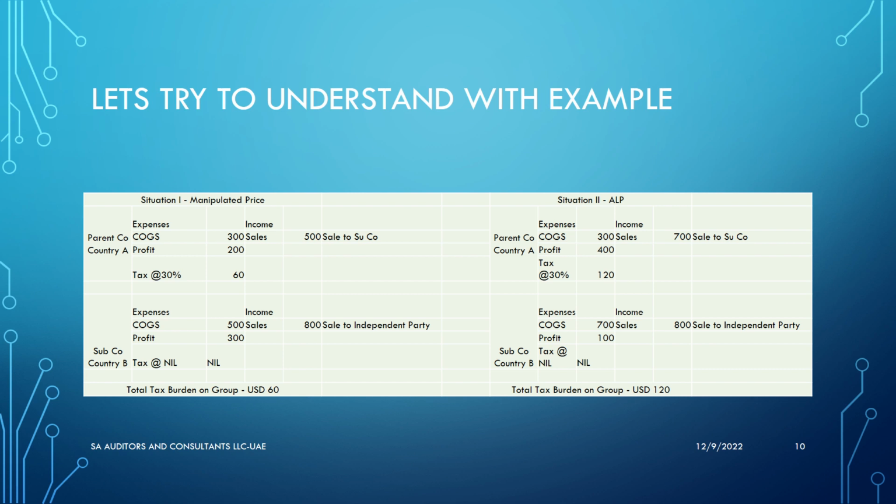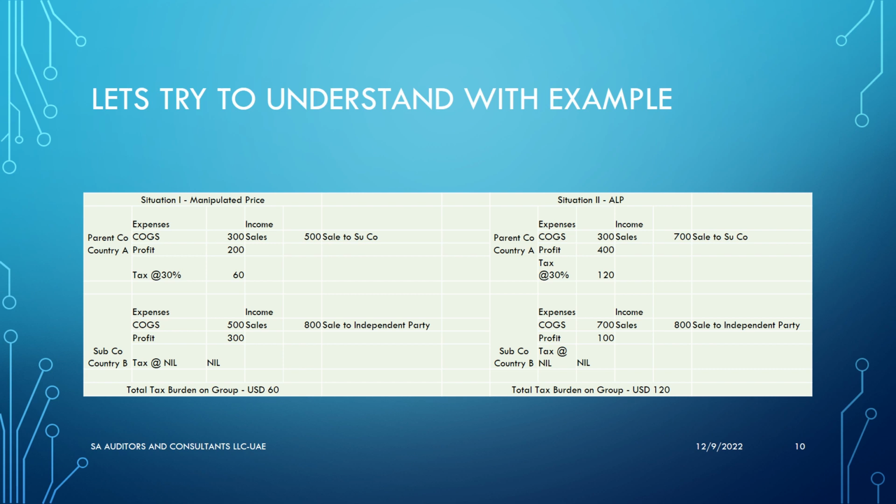Their profit will be 100. Their ultimate tax burden will be $120. You can understand, after applying the arm's length price, their tax burden is going to increase.